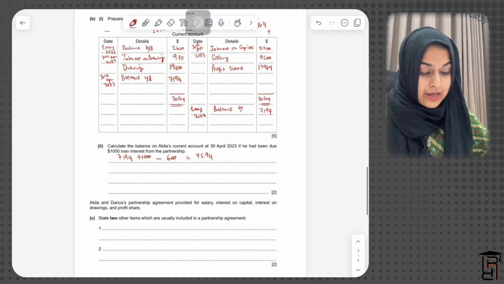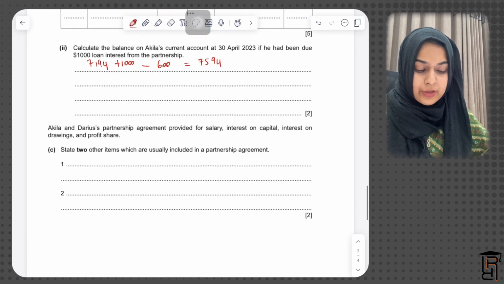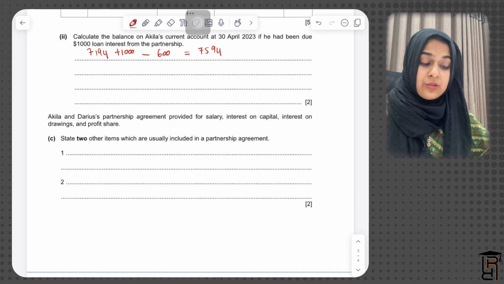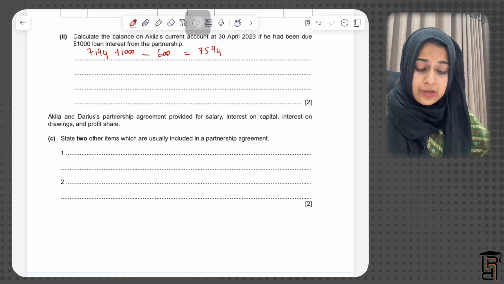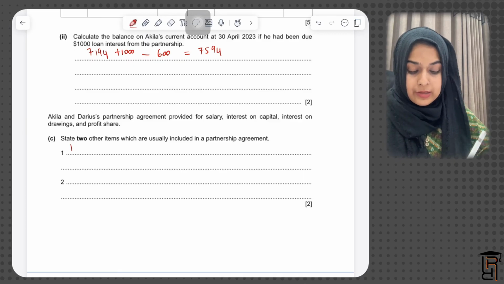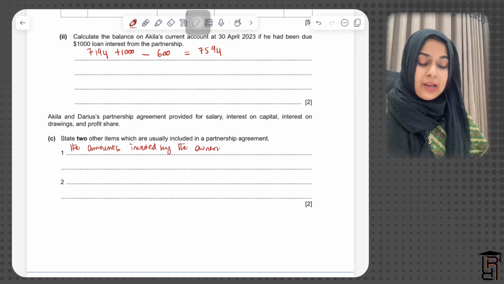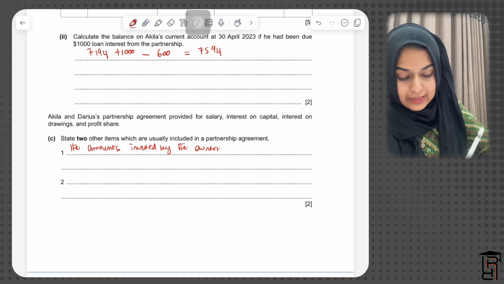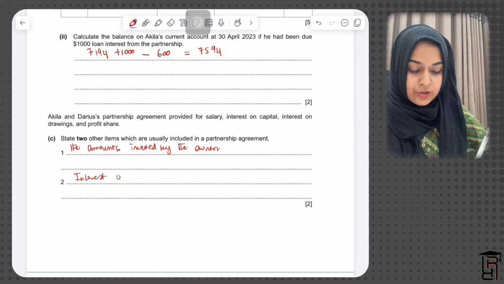Then they are saying Akila and Darius's partnership agreement provided for salary, interest on capital, interest on drawings, and profit share. State two other items which are usually included in a partnership agreement. So that can be the amounts that are invested by the owners. One other thing that can be included in the partnership agreement will be the interest on a loan that is given by a partner, so interest on loan given to the business by any of the partners.